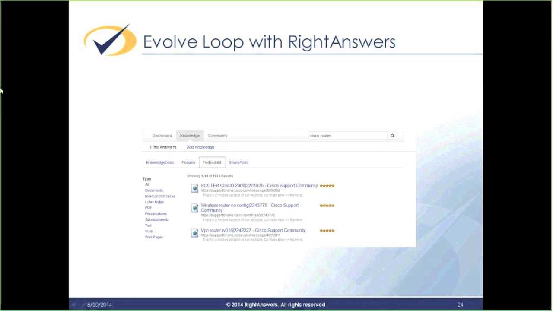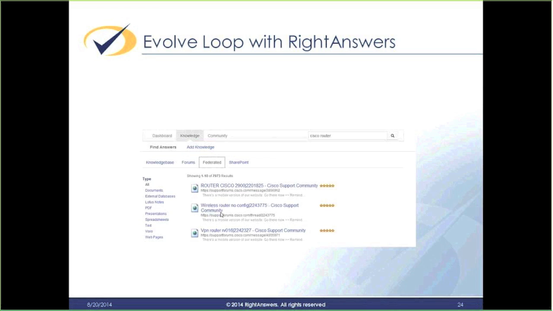Okay? And so what we have here, the last part, is you didn't see this earlier in some of the search results, but I wanted to take a snap and just show you this here. We have a tool that we call Rake, which is the RightAnswers Knowledge Explorer. This is our tool to bring in or federate information from outside or external sources into your knowledge search results.